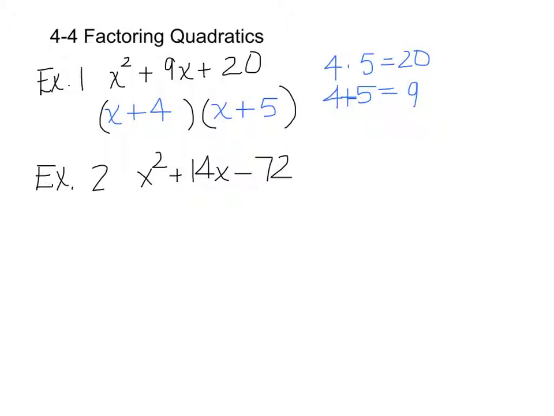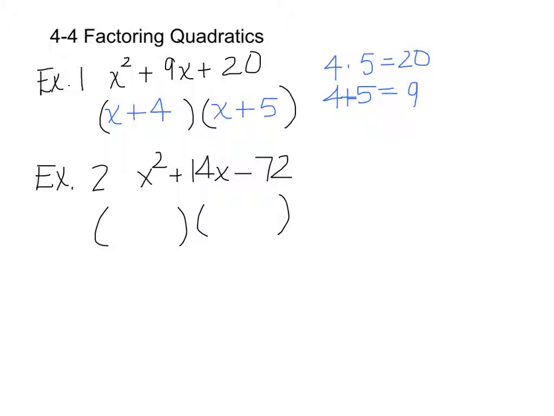Now we need two numbers that multiply to give you negative 72, but add to give you 14. Now 72 has a lot of factors, so you have to be careful with numbers like that. And it's just basically trial and error until you find the ones that work.